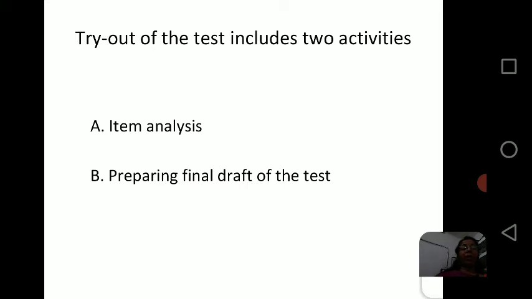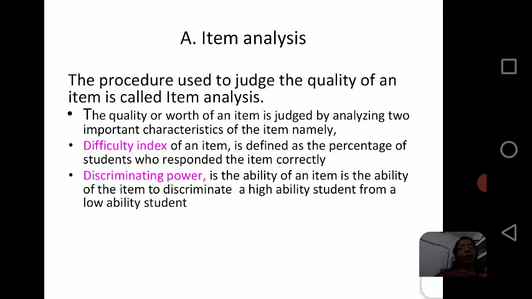And item analysis, first step. This is the most scientific procedure in the standardization procedure. Item analysis means analysis of the items one by one in order to ensure the quality of the test. This procedure is used to judge the quality of an item. The quality or worth of an item is judged by analyzing two important characteristics of the item.